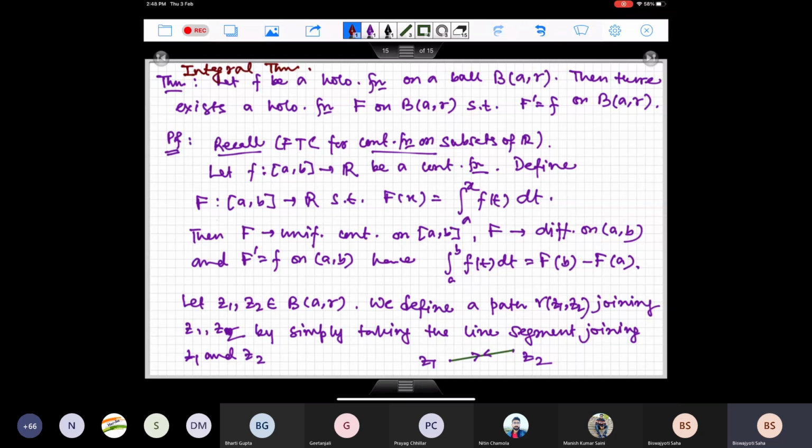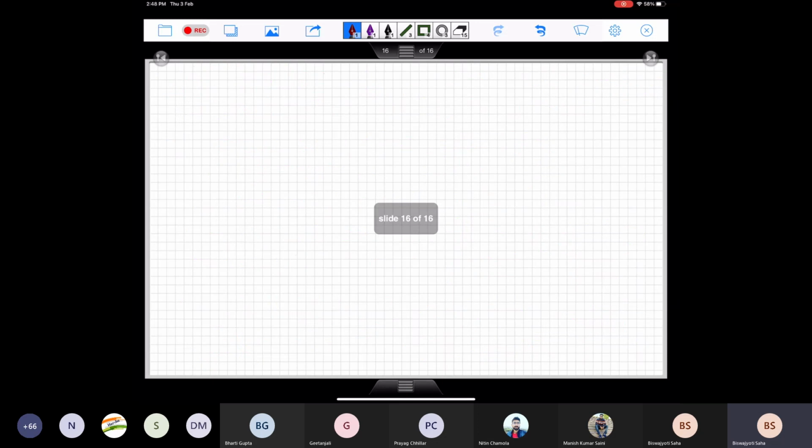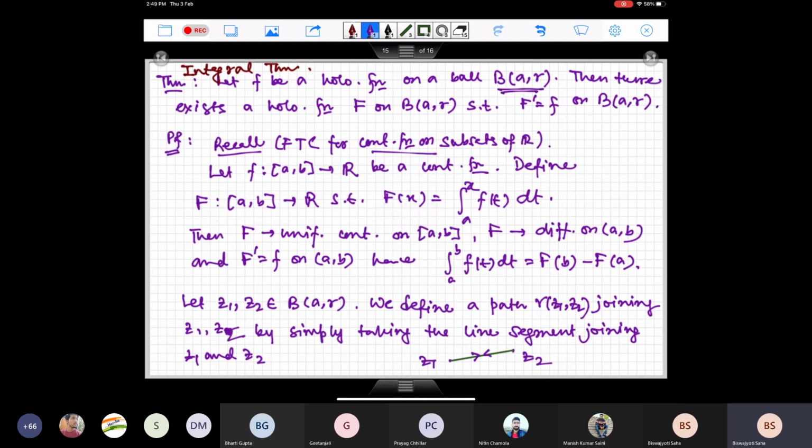Now that we have a path, we understand what a path is. Following this, I am going to define capital F of z as the integral of f over the path from a to z. So a is the center of this ball.